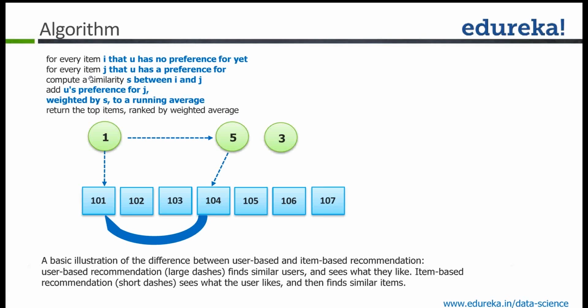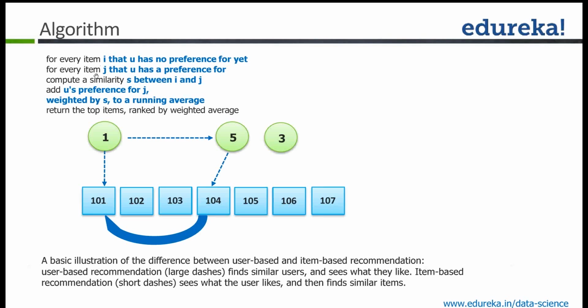So for every such item I, and also for every item J for which the user has already provided a preference, you compute the similarity between I and J. If you already pre-computed your all pair similarity matrix, you simply fetch a value from that matrix to get the similarity between I and J. Item I is something that the user has not seen or purchased so far, so it is a candidate for making a recommendation.